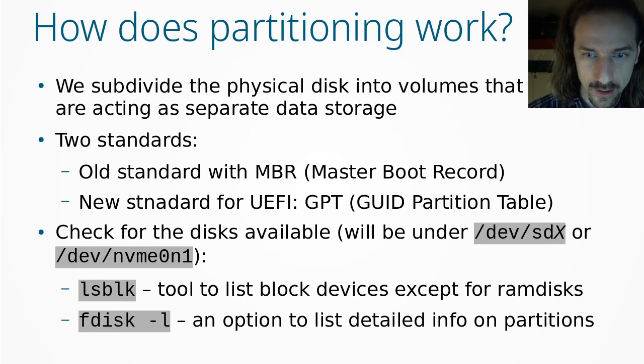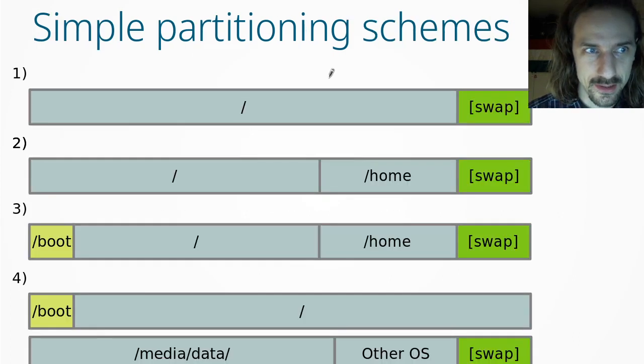in the next step we can start thinking about how we want to partition our drives. Of course, maybe your system is already partitioned perfectly because you are switching to Arch Linux from another Linux system, and you already have a preferred partitioning scheme and everything is ready.